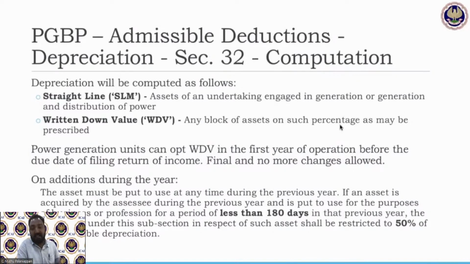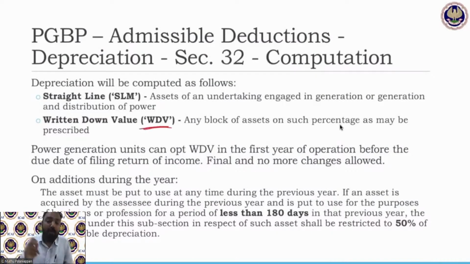We'll first understand the method of depreciation. When you say method, I'll take you back to the old concept from 11th, 12th accounts. What are the methods of depreciation that you can provide? You can provide straight line method. You can provide written down value method. So you can only provide these 2 methods.